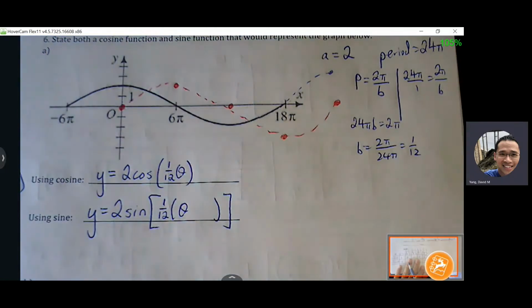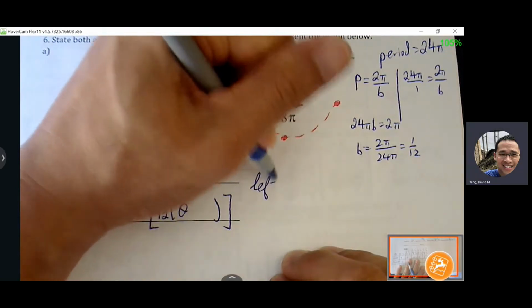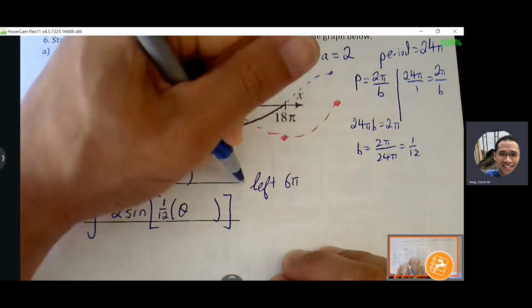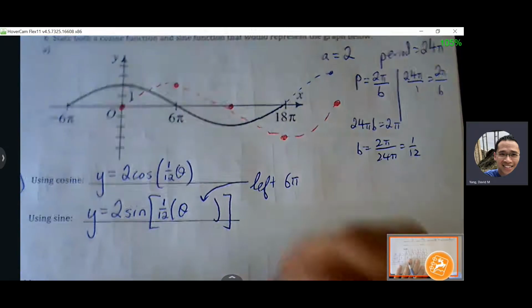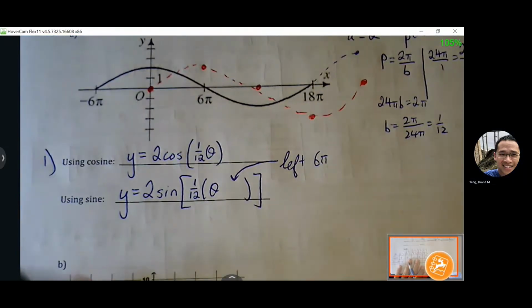The question that we're asking ourselves is, where do we have to go to make that dotted line turn into the solid line? Left by 6 pi. So we'll write that down here. Left 6 pi. And how do I represent left 6 pi in the formula? Plus 6 pi.